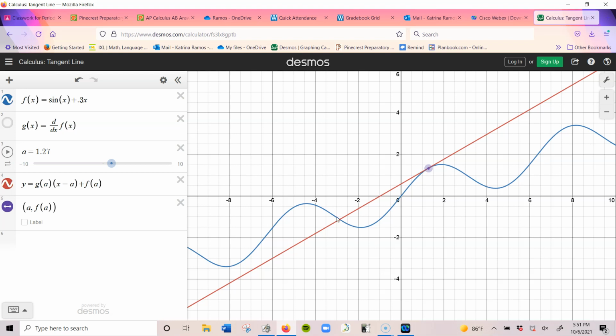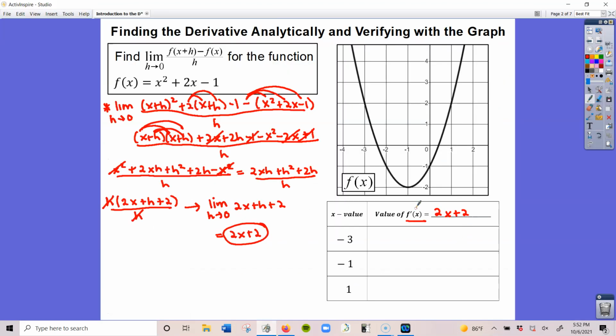And then this red line here is the tangent line. As you can see, it is going through this point. If I move that point, you see how the tangent line changes. So that's why we end up getting an equation for our derivative, is because this equation we can use to figure out the slope of the tangent line at any particular x value.